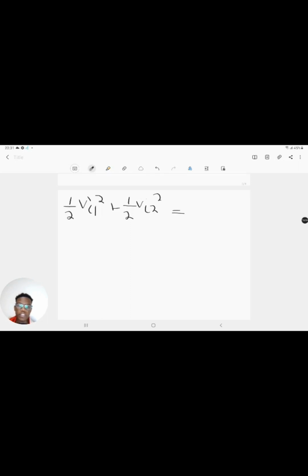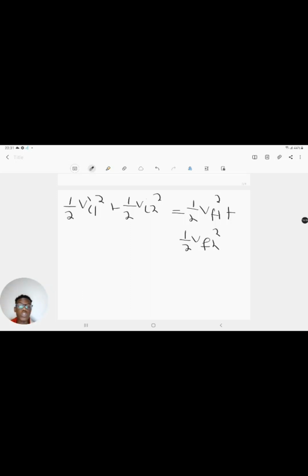All of that is equal to half velocity final of ball number 1 squared, plus, I'm going to write it down here, half velocity final of ball number 2 squared. Okay, and now I just have my velocities.